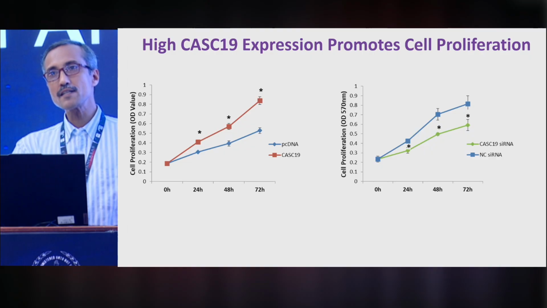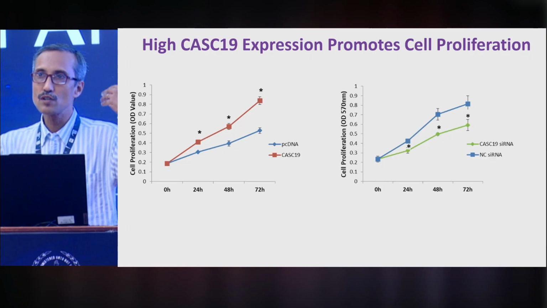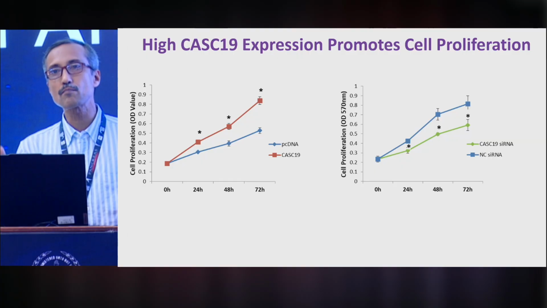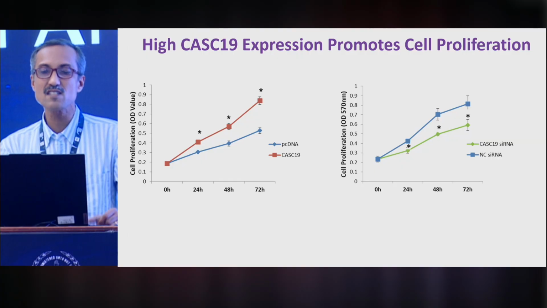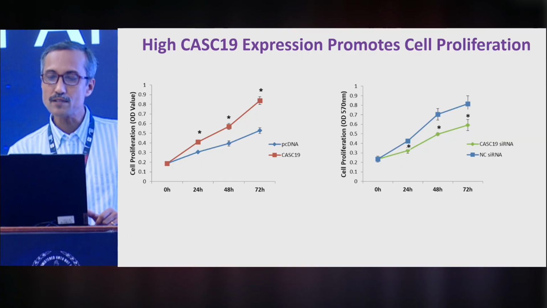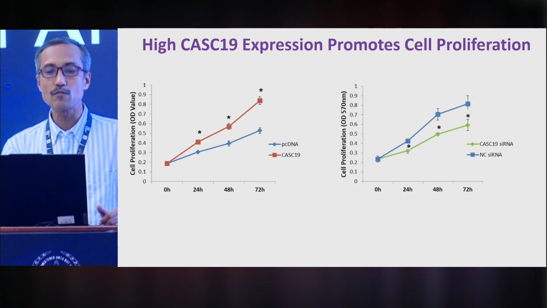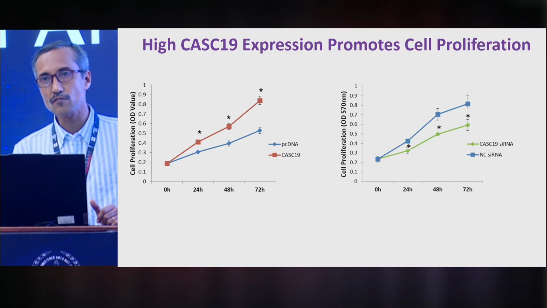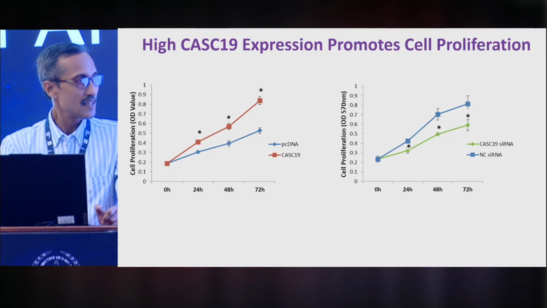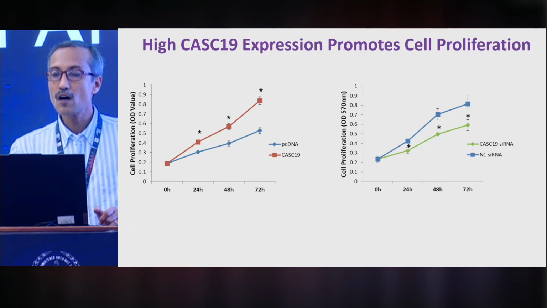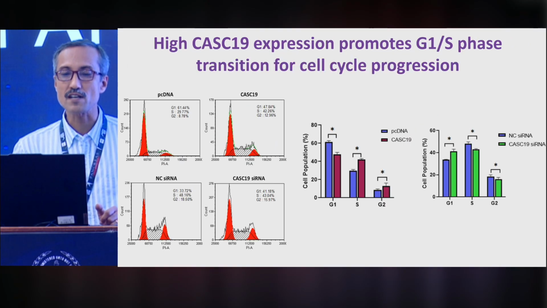Then we conducted a series of assays to interrogate the oncogenic potential of the long non-coding RNA. Firstly, we performed the MTT assay, where we found that increased expression of that particular long non-coding RNA increased the survival potential of the cells, and vice versa.